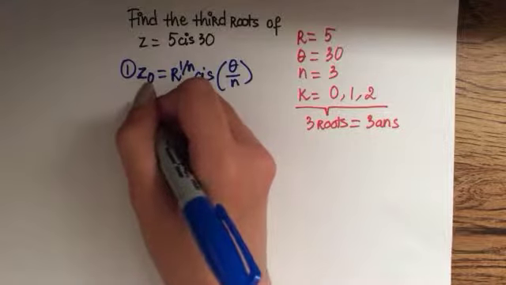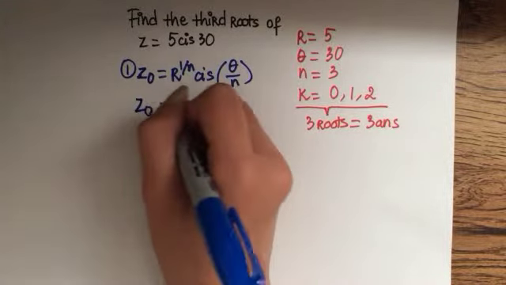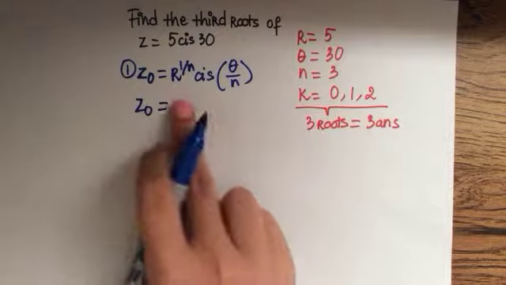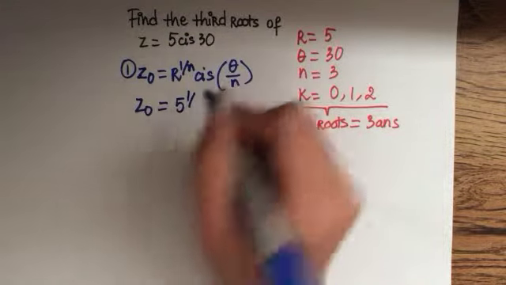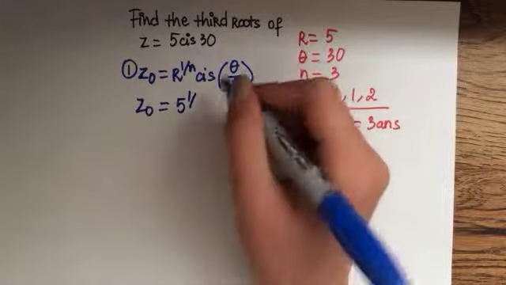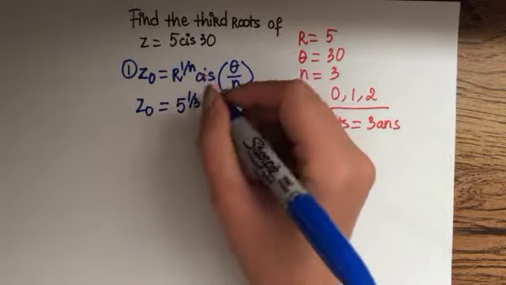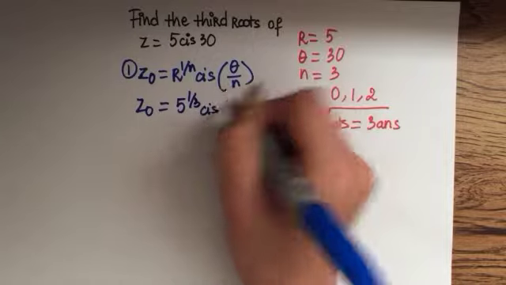Okay, so let's plug your data in. Your z0 is going to be equal to, your r is 5, so 5 to the 1 over n, your n is 3 right here, so it's 1 over 3, cis.